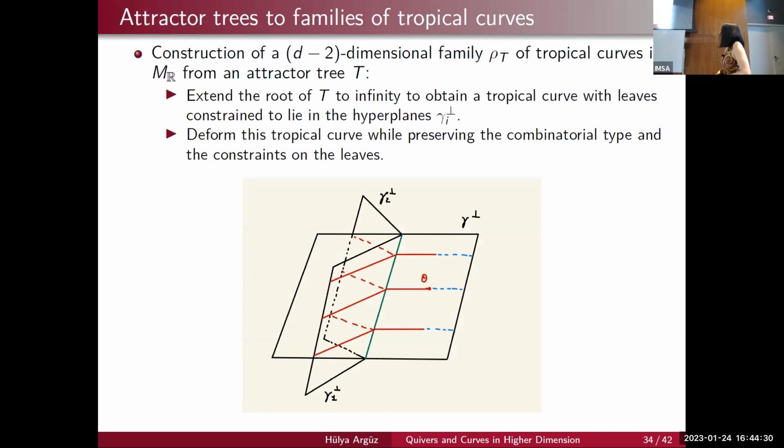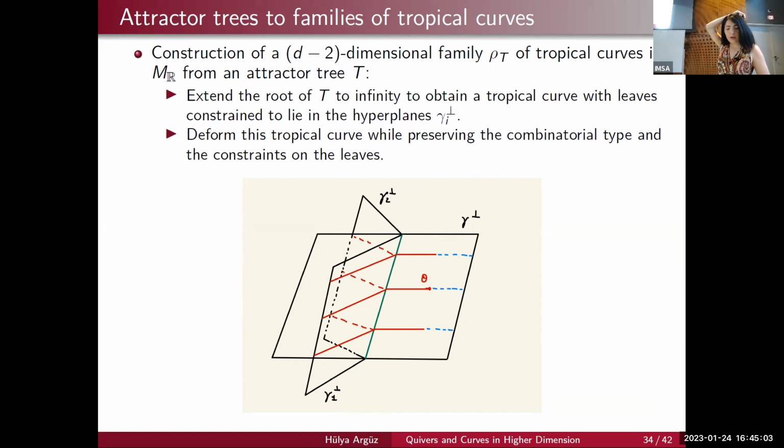So here are families of tropical curves that we are considering. First, we construct a (d-2)-dimensional family of tropical curves from an attractor tree T, which starts at a point theta in gamma perp. The red tropical curve is obtained by following the direction of the flow. And we can extend this point theta in a natural way so that it looks really like a tropical curve in the usual sense.